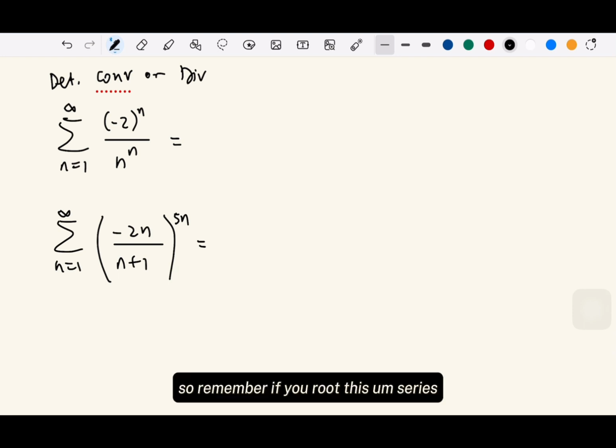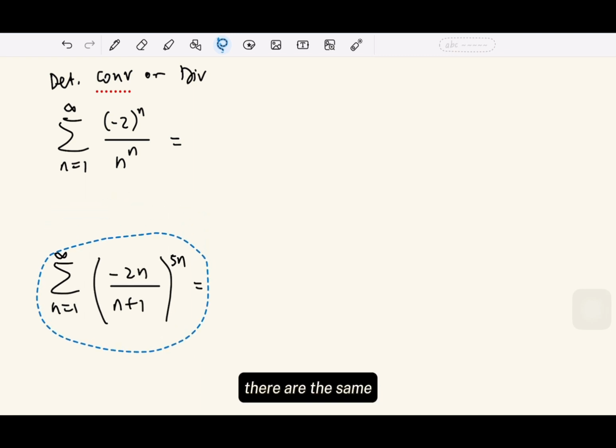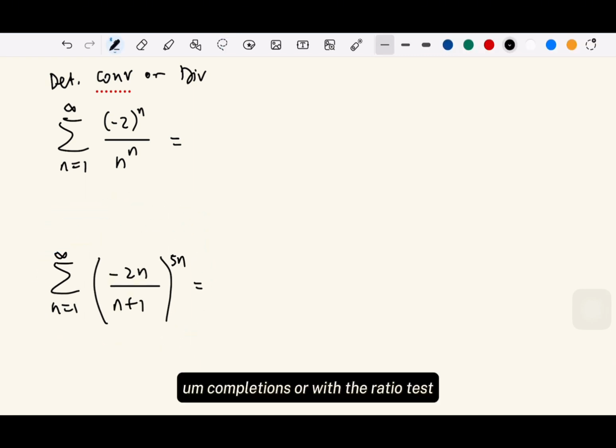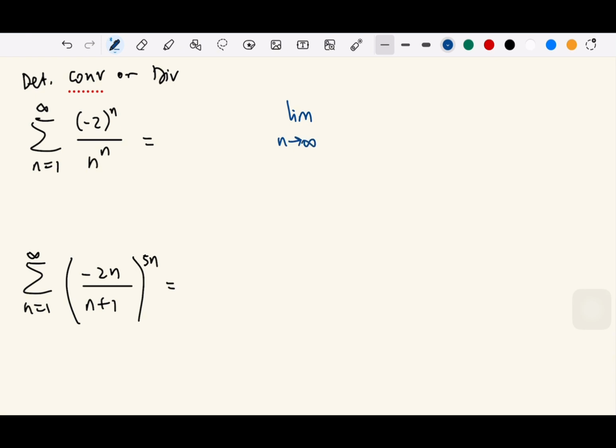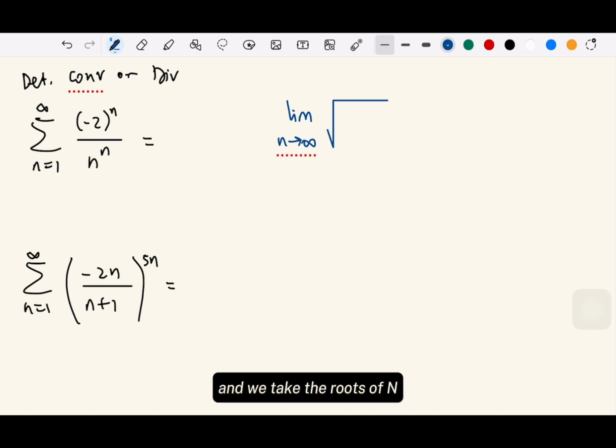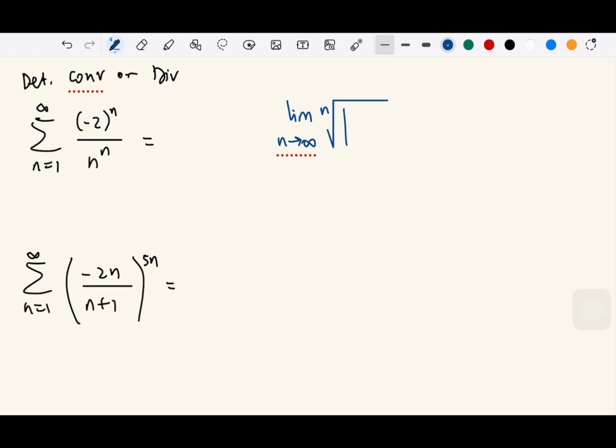Remember, if you use the root test on this series, you get the same conclusion as the ratio test. How to check is basically take the limit of the nth root of the absolute value of a_n.